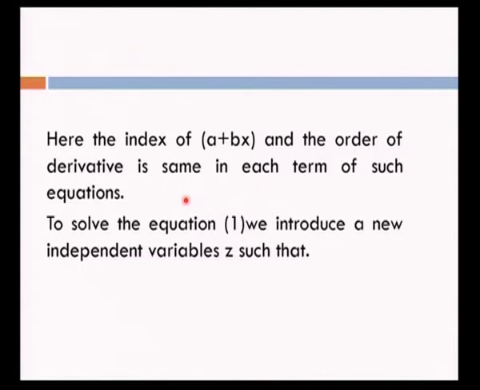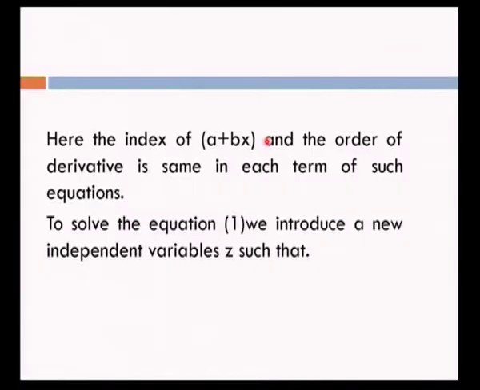This equation can be solved by introducing a new independent variable, as we did in the Cauchy-Euler homogeneous linear differential equation. There, x is assumed as e power z; to remove the exponential, the logarithm is taken, giving log of x is equal to z.